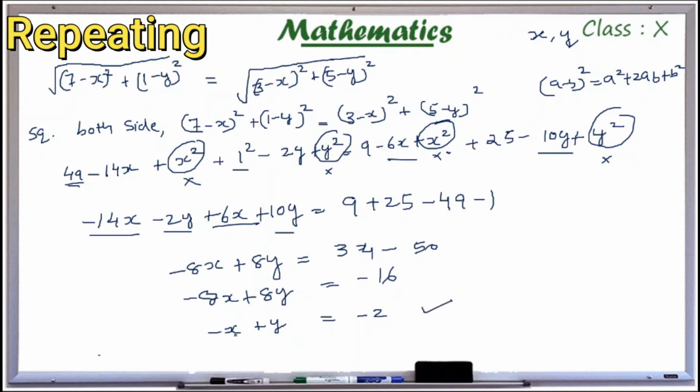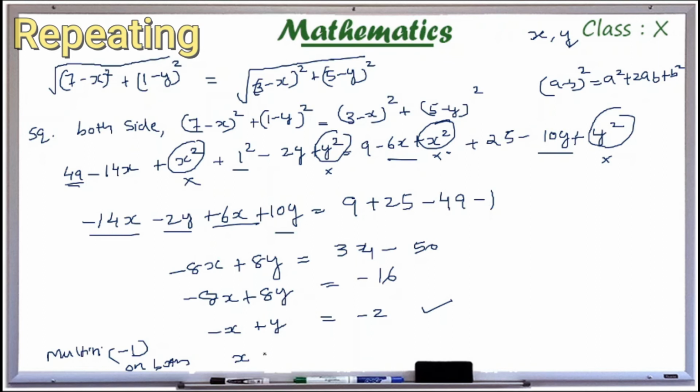Also we can rearrange this by multiplying minus 1 on both sides. Minus 1 into minus x is equal to x, minus 1 into plus y is equal to minus y, and minus 1 into minus 2 is equal to 2.